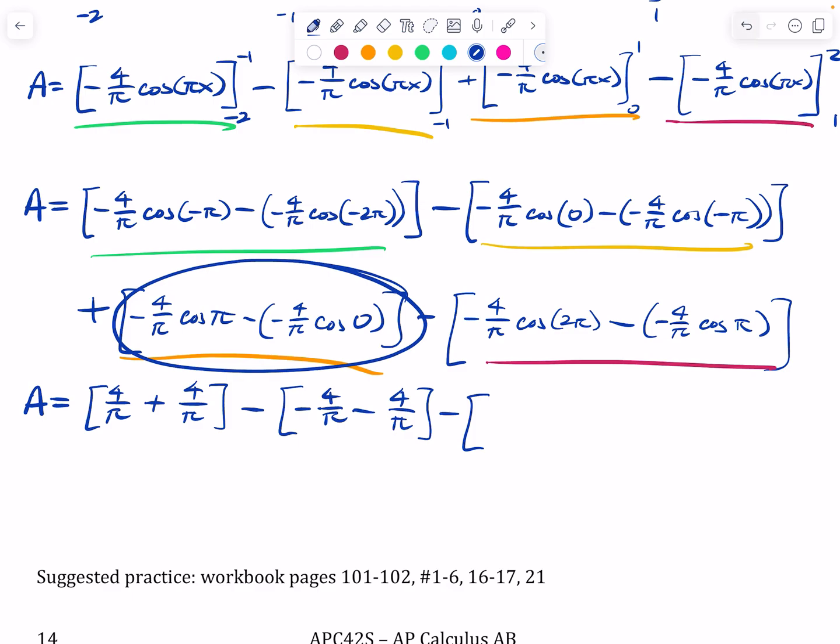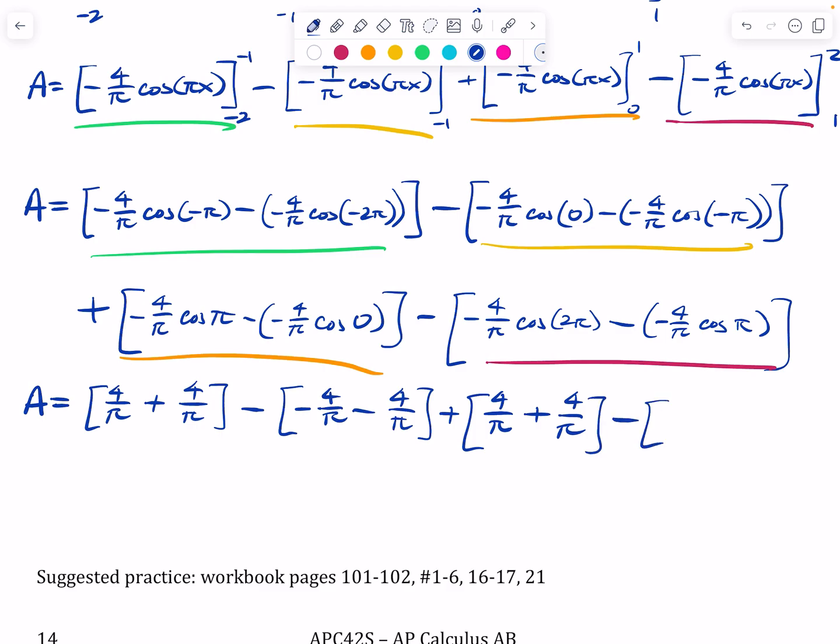This one's going to work out to the same as the very first one. 4 over pi plus 4 over pi. And then the last one's going to work out to the same as the second one. Negative 4 over pi minus 4 over pi. If you do simplify, the easiest way without a calculator is to recognize that each one of these is the exact same value.